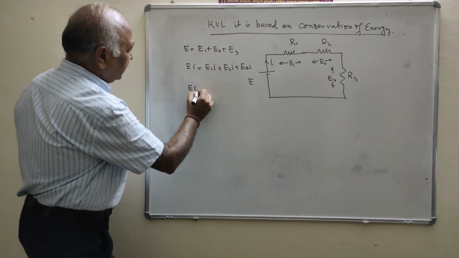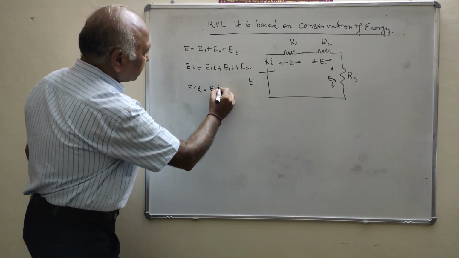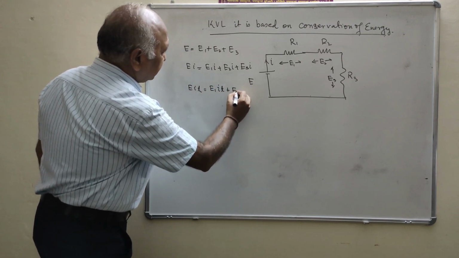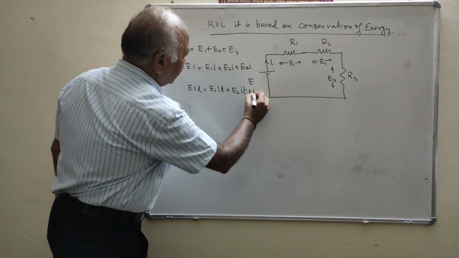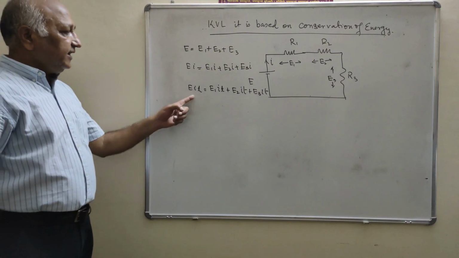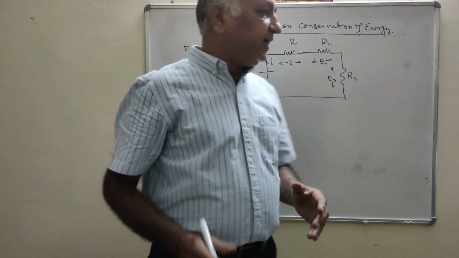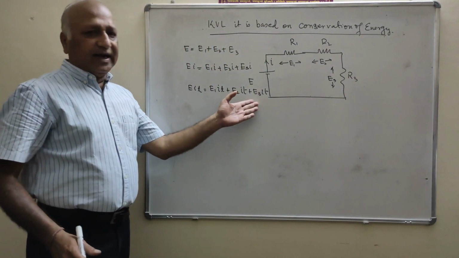That is the EIt, that is equal to the E1 It plus E2 It plus E3 It.